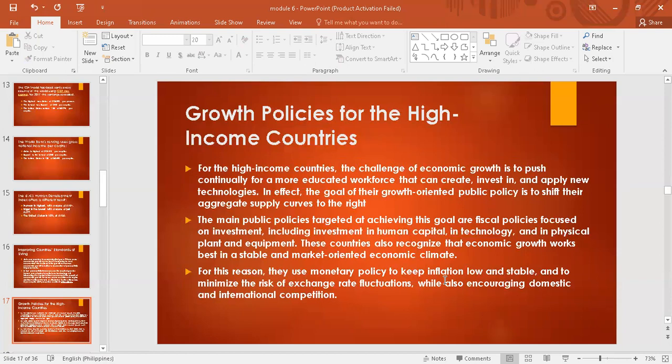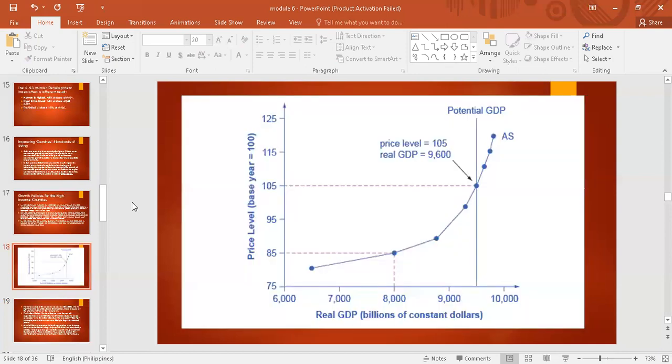So, dahil mayroong inflation sa economy, ang ginawa ng government is implemented contractionary monetary policy, of which tatanggalan ng tax para may pambili. Okay? So these are growth policies, not only for high income countries kasi na-implement sa Philippines.